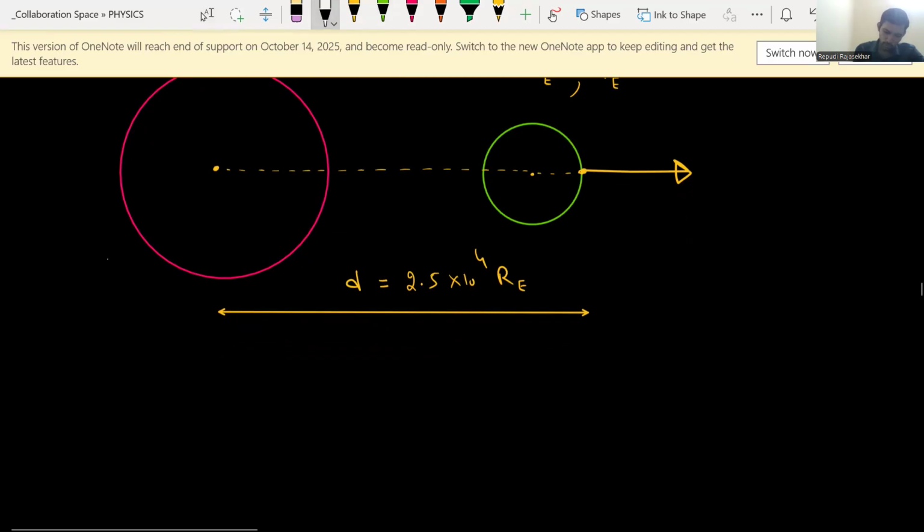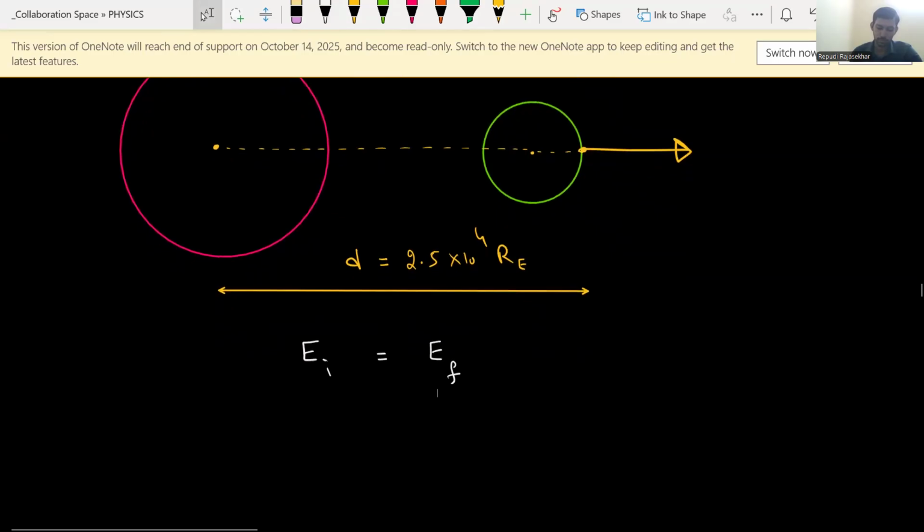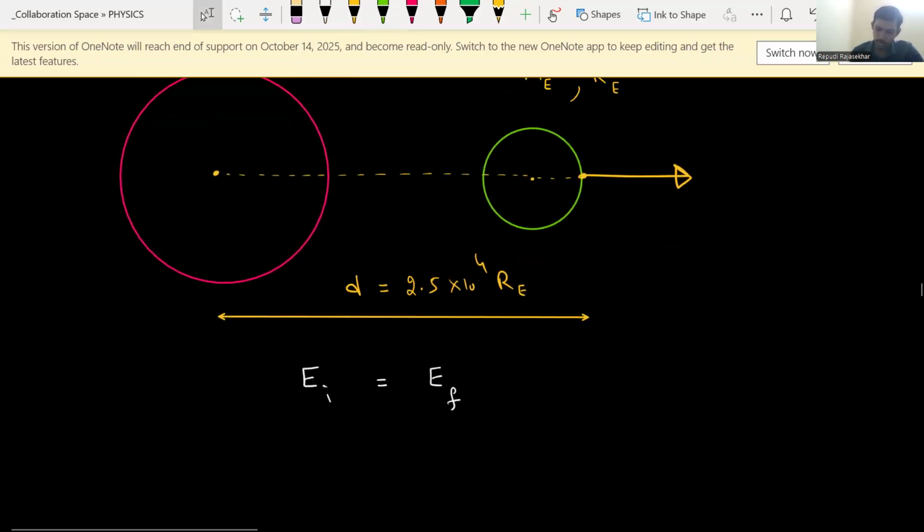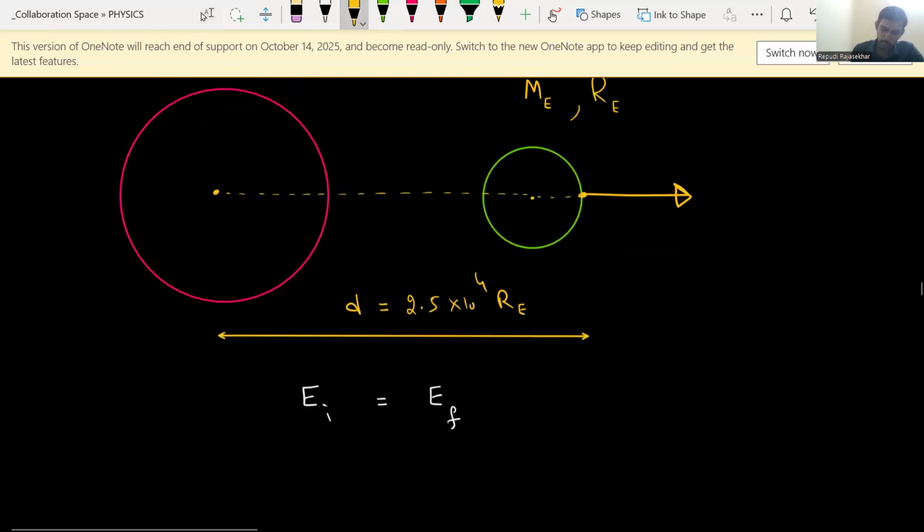So the initial energy of the system should be equal to the final energy of the system. What is the initial energy of the system here? We are giving this rocket a certain velocity. Let us take that we have given velocity v, and the mass of this rocket is small m.